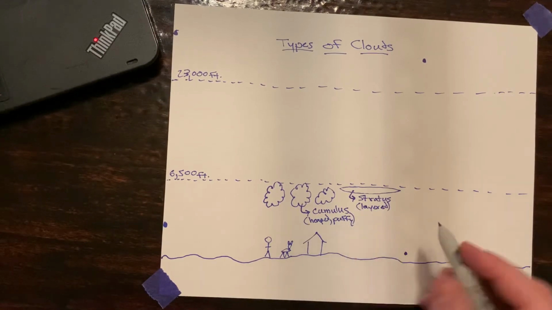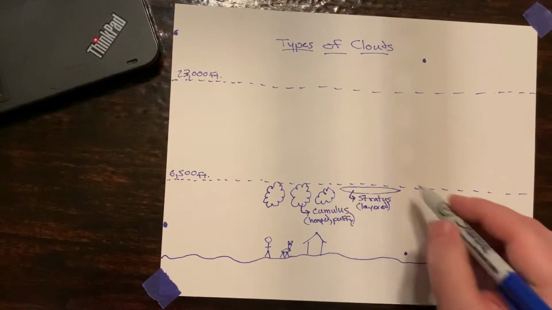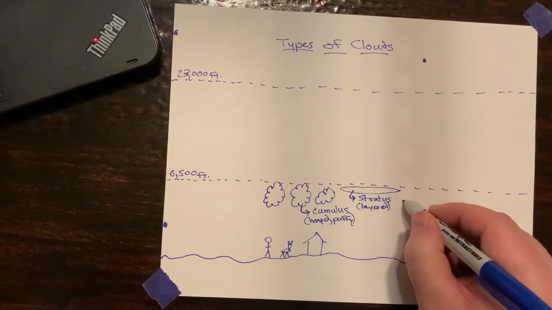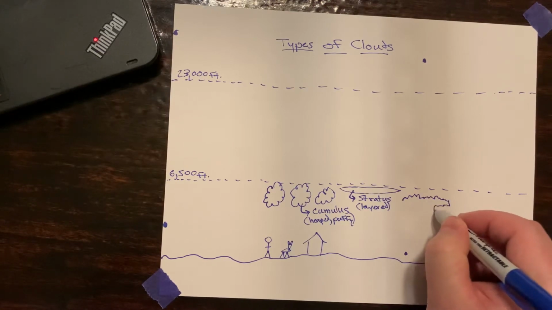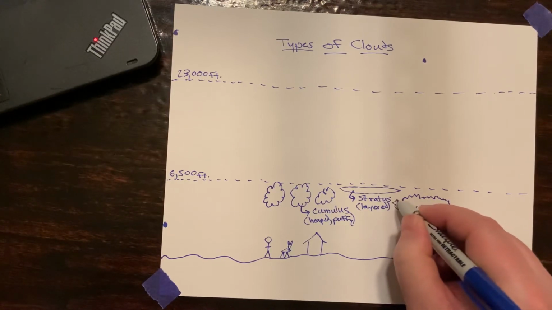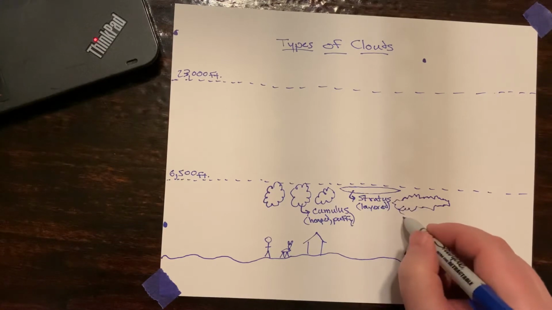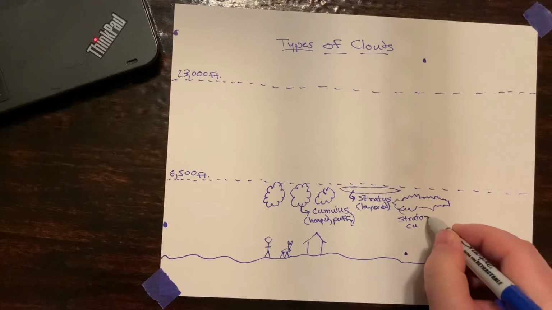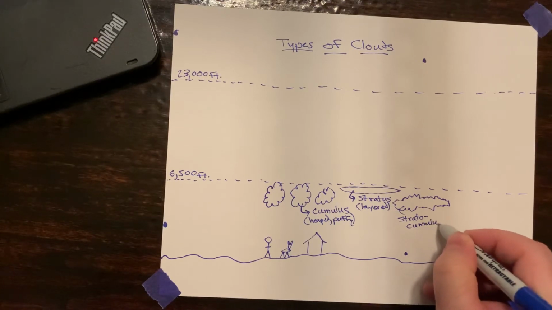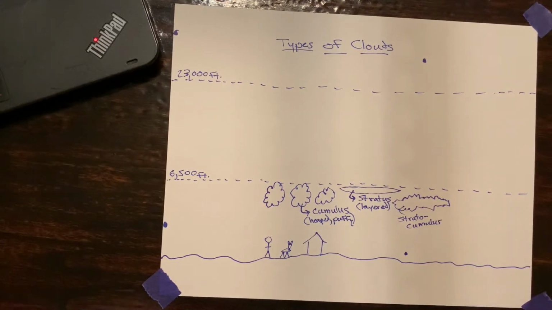And sometimes you can get a combination of both where they look kind of puffy, but at the same time, they kind of make a sheet as well. And this can be called stratocumulus. So sometimes you can get a combined effect like that, okay?